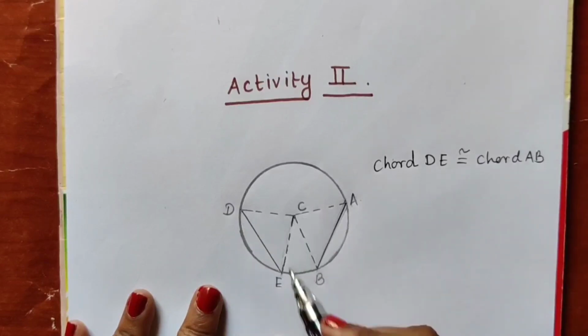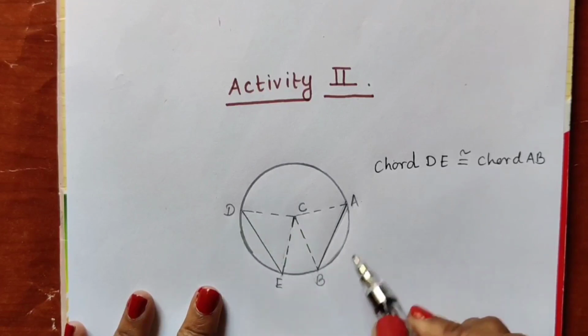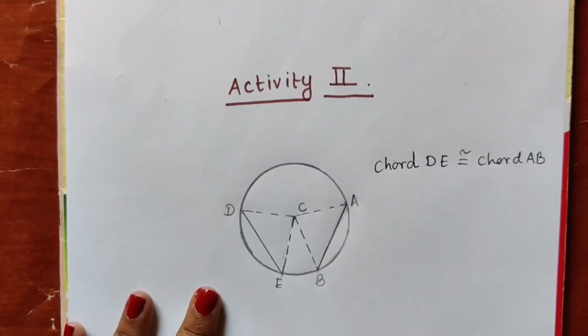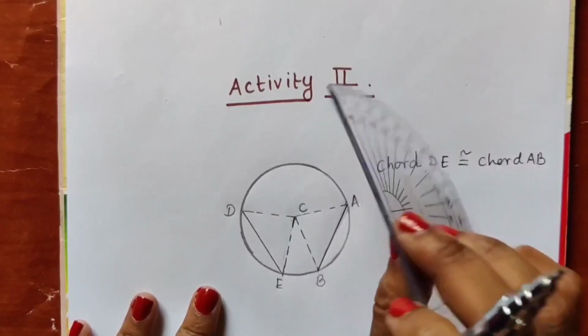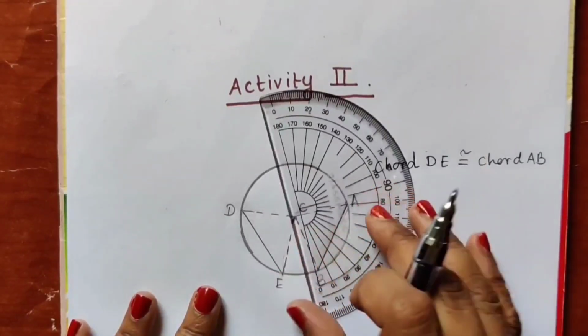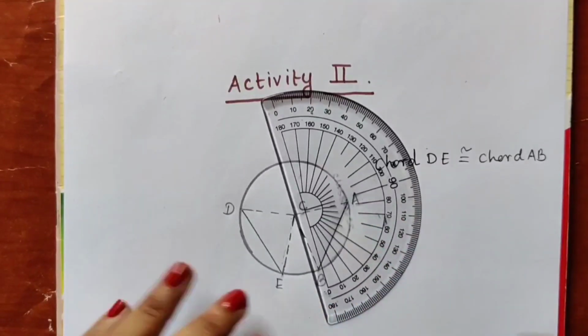Then we have joined these radii and we have got the angle DCE and angle ACB. Now let us check the angles. Let us measure the angles with the help of our protractor. Keep the protractor in such a way that we can measure it properly. So let me measure it.